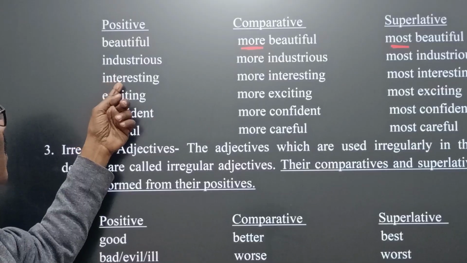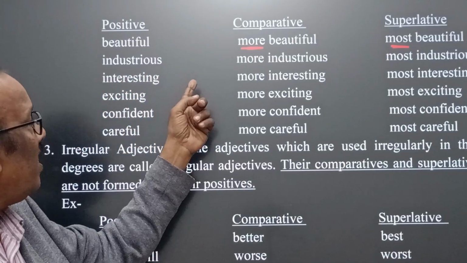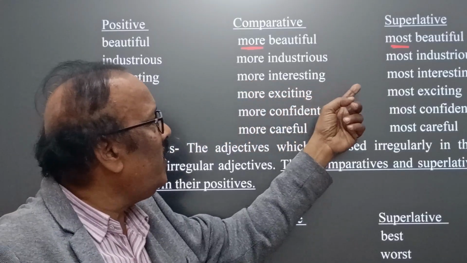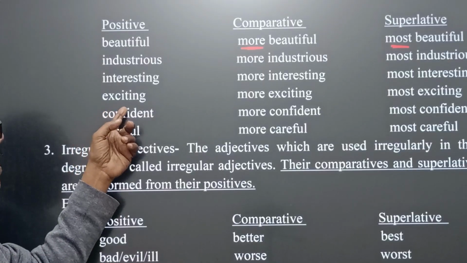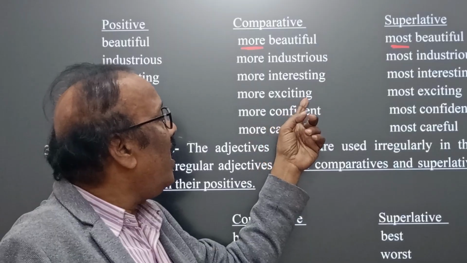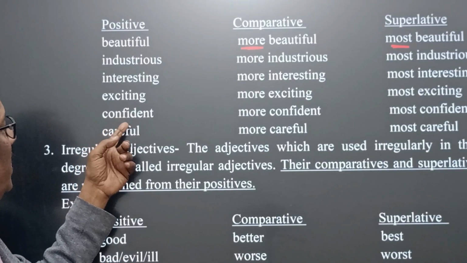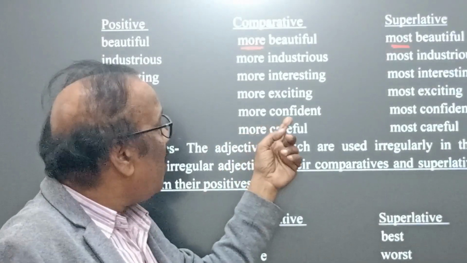Interesting. Here, it is also four syllabic word, and that's why more interesting and most interesting. Exciting. Here, three syllabic word, more exciting, most exciting. Confident. Here, three syllabic word, more confident, most confident.